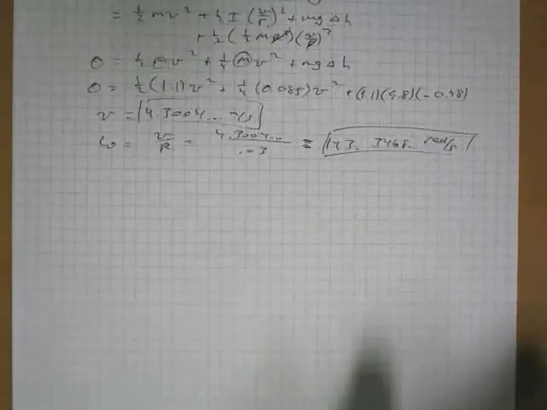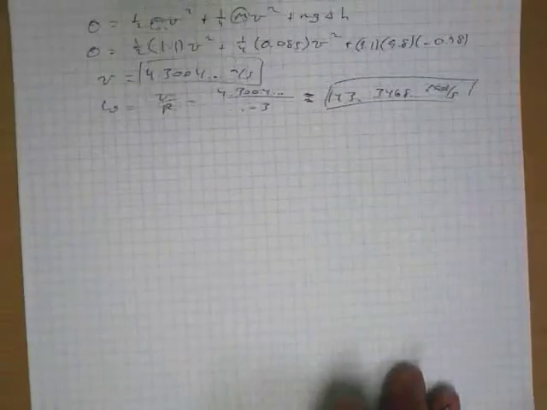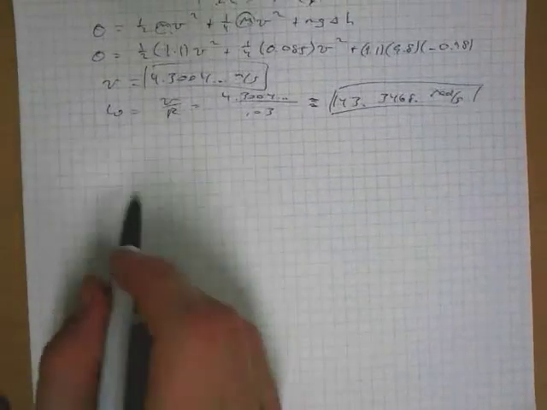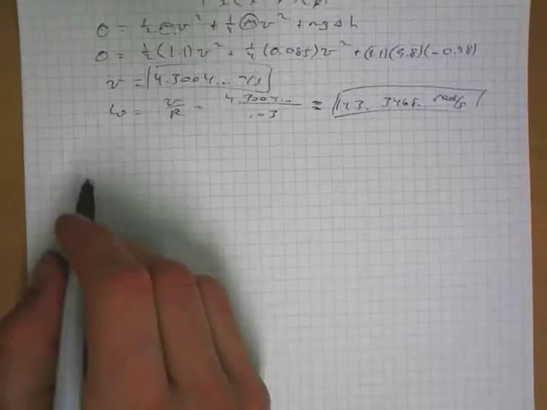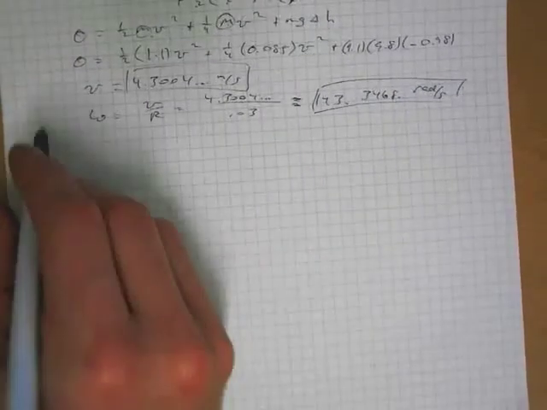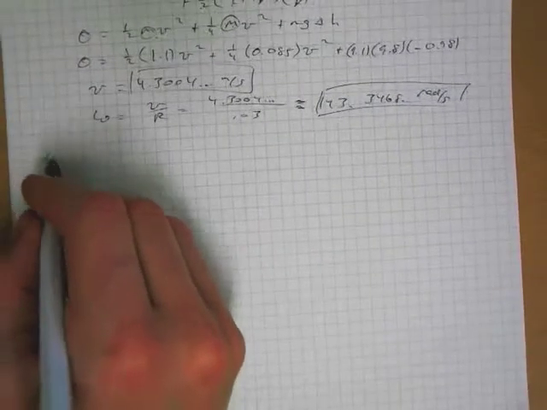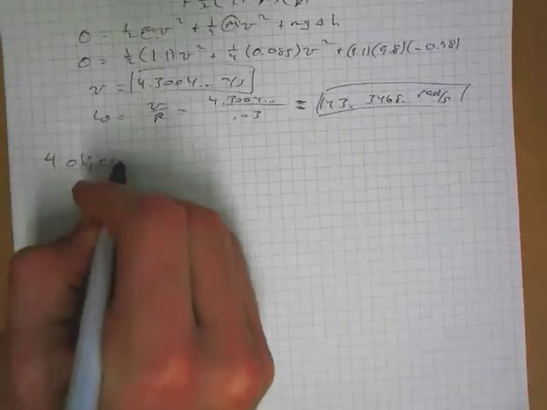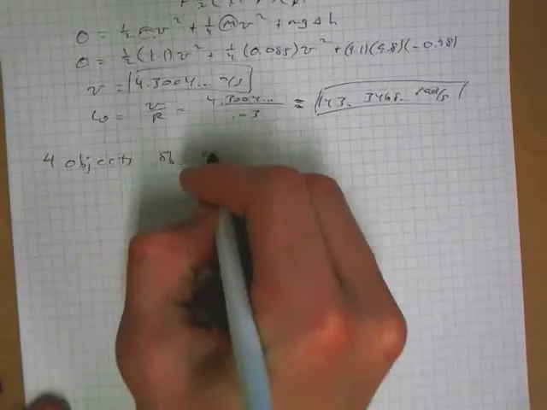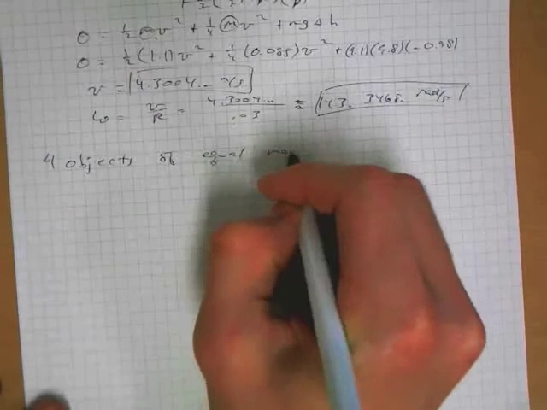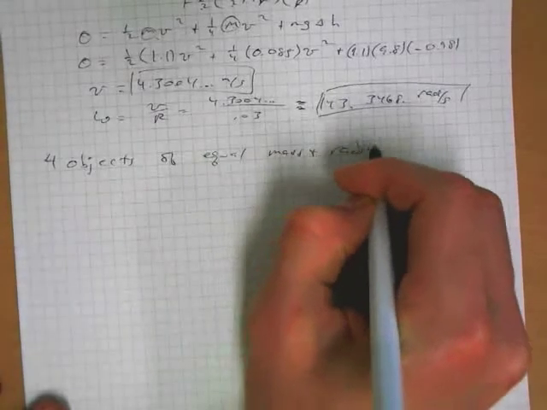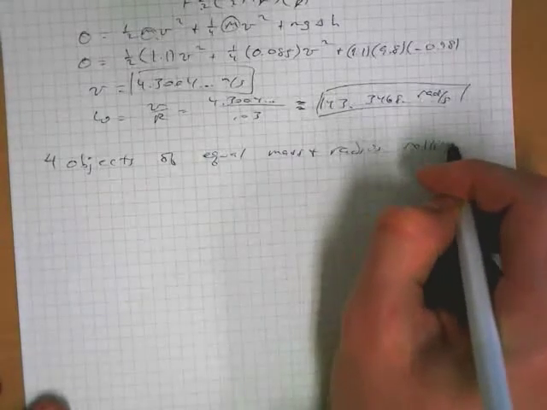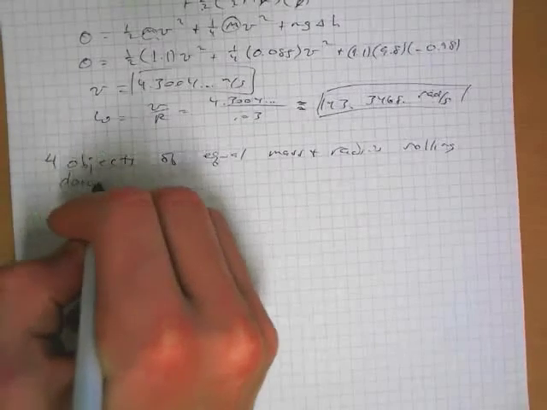Another conservation of energy problem, we can consider our inclined plane, and this one involves rolling motion. So let's say we have 4 objects of equal mass and radius rolling down an incline.